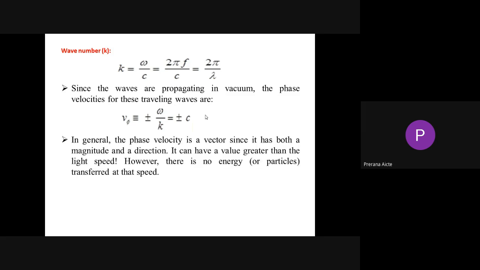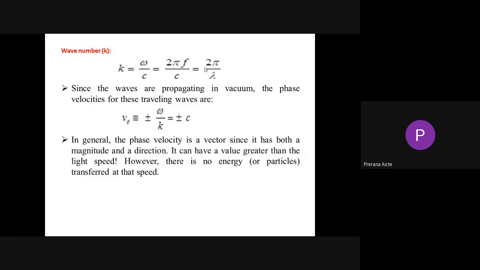Since the waves are propagating in vacuum, the phase velocity of these traveling waves is V of phi equals plus or minus omega by k, where omega is the radian frequency, that is 2 pi f, and k is the wave number, so V of phi equals plus or minus c. We already said the phase velocity equals the velocity of light while the waves propagate in vacuum.